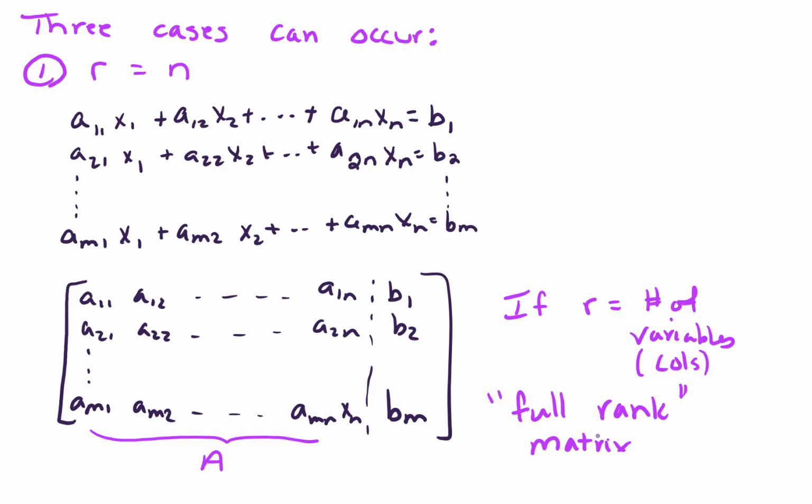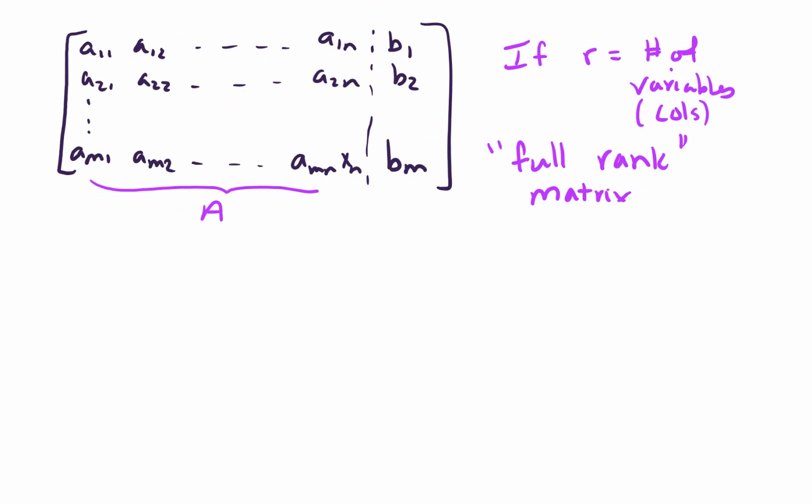And what this shows is that no matter what we put in for our column vector, any column vector B, we will get a unique solution.